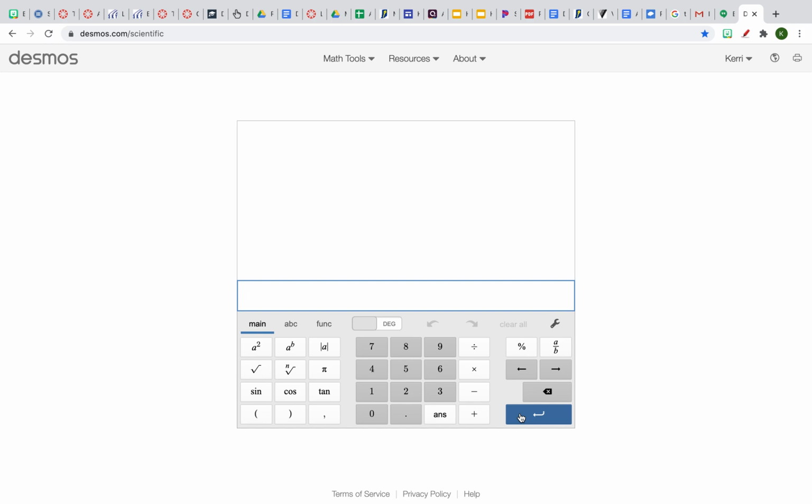So in elementary and middle school, you had to solve fractions by hand. You had to understand when you had to have common denominators. You had to understand when you had to change it to a mixed number or an improper fraction. You had to understand all of those processes.